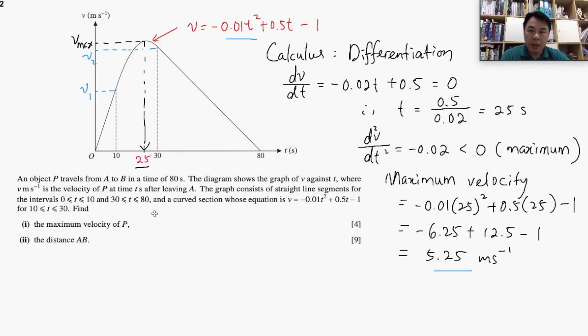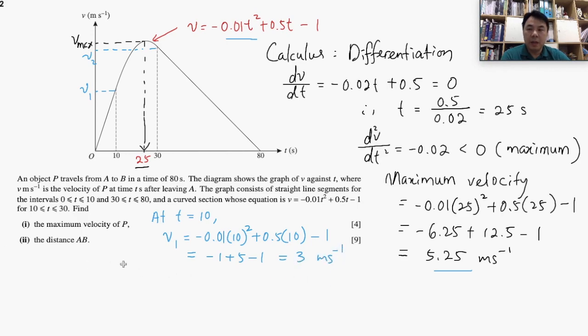Right. At t equal to 10, v1 is given by this equation here, negative 0.01 times 10 squared plus 0.5 times 10 minus 1 here. So let me see. There's a negative 1 plus a 5 minus a 1 there, and that will give me 3 meter per second.